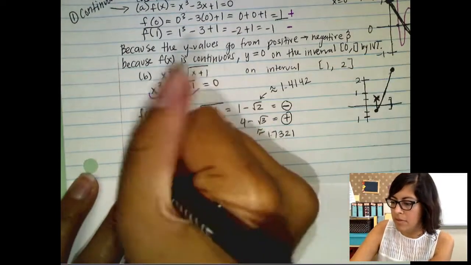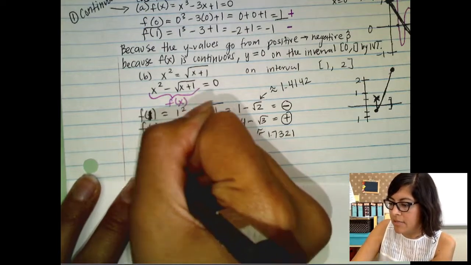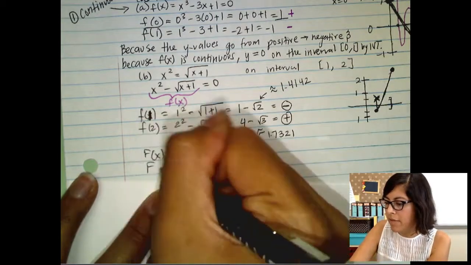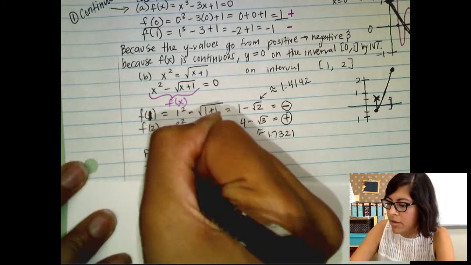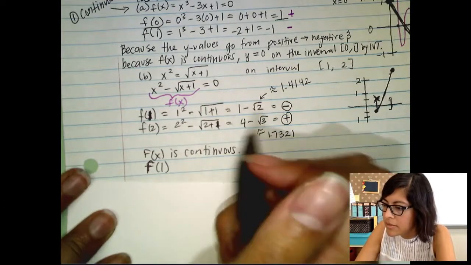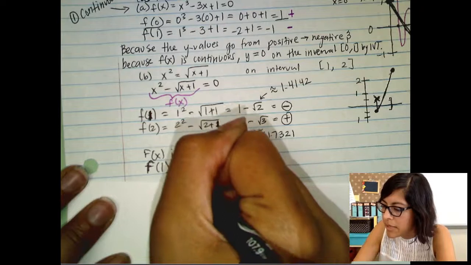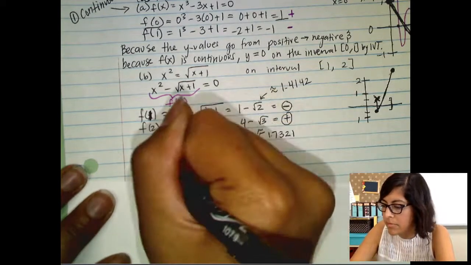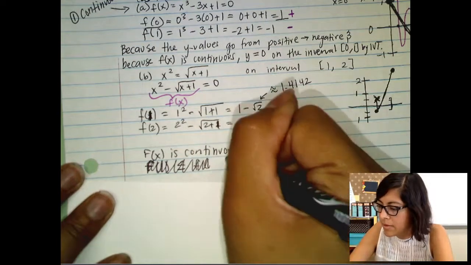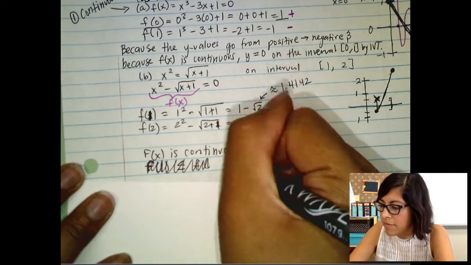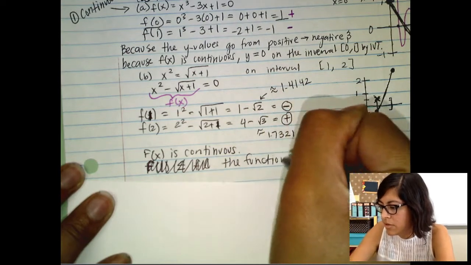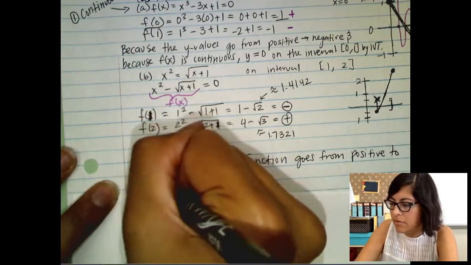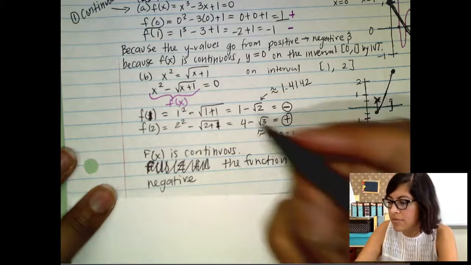So by IVT, we say f of x is continuous, and the function goes from negative to positive.